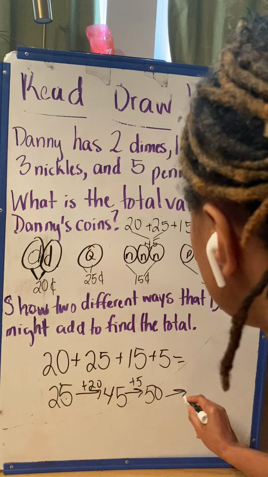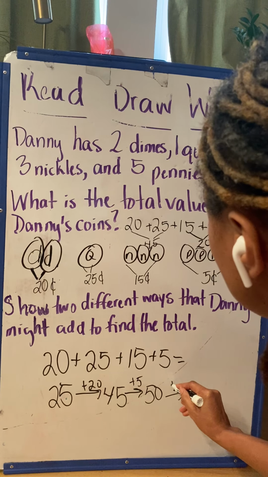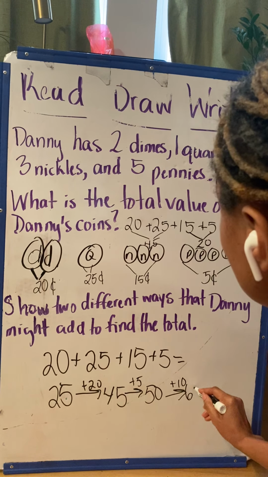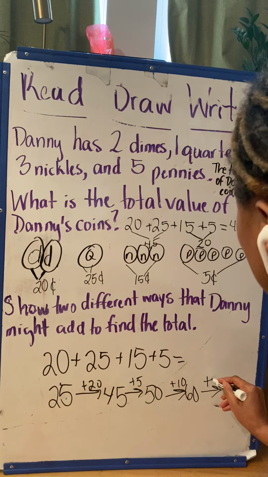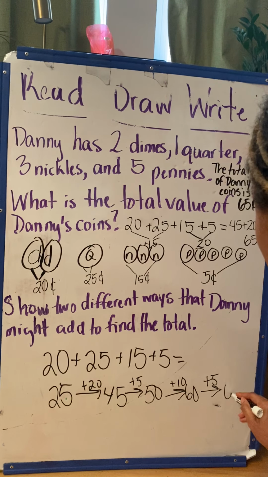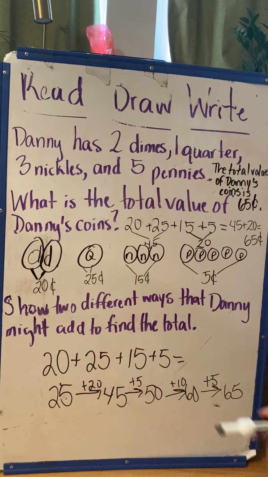And then we can take out the 10 from 15 and get 60, and the 5 left from 15, and we get 65. So here's another way that you can add to find Danny's total. You don't necessarily have to do it the two ways that I did. There are several different ways that you can add to find the total.